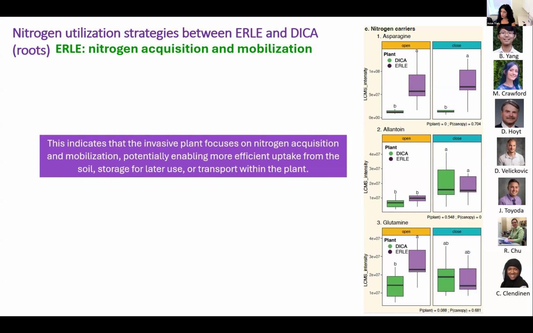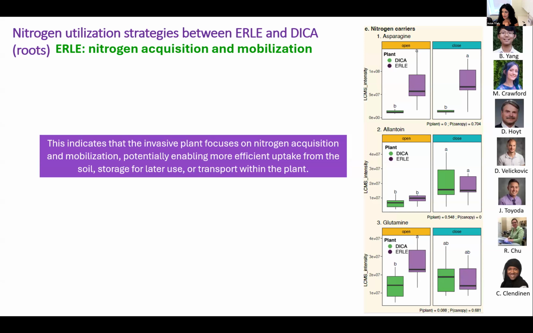And this is really important when you are competing with other plants in a nutrient-limited environment, you're way better at taking that nitrogen from the soil and moving it within the plant tissue or storing it for later. This tells us that our metabolomics data so far validate the hypothesis that invasive species have a more effective nutrient acquisition, and that's why they tend to invade, especially in environments where we have a lot of competition because we don't have much nitrogen to start with.